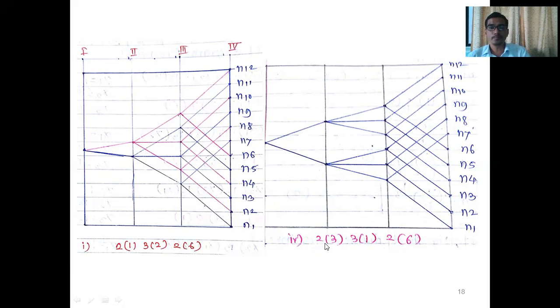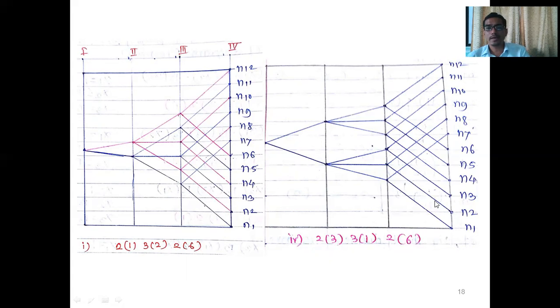Similarly, the second is 23, 31 and 26. For the first stage, there are 2 lines and the spacing is 3, so here you can observe 1, 2 and 3 as the spacing. For the second, we draw 3 lines and the spacing is 1. From this input we get 3 lines with 1 spacing, and from this input we also get 3 lines with 1 spacing. Again, for the last stage, 2 lines and 6 speed-step spacing.